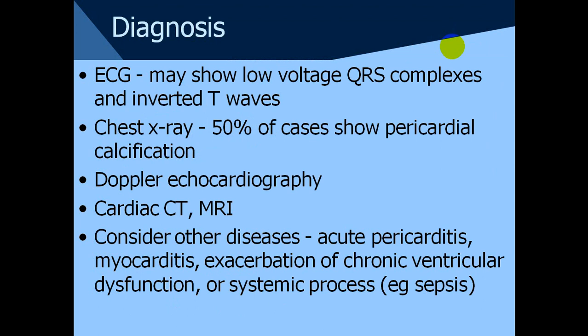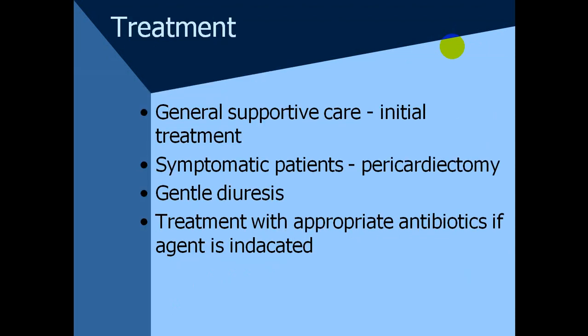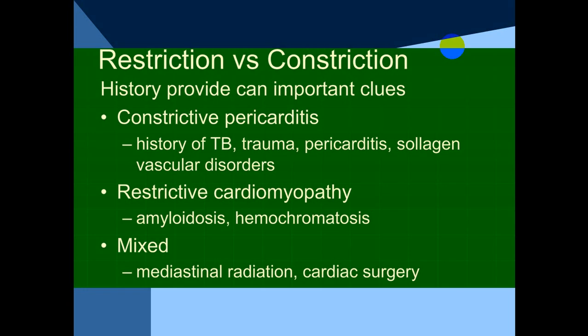Consider other diseases: acute pericarditis, myocarditis, exacerbation of chronic ventricular dysfunction, or a systemic process, for example sepsis. Treatment of constrictive pericarditis is generally supportive care. For symptomatic patients, pericardiectomy is the initial treatment, gentle diuresis is used, and appropriate antibiotic treatment if indicated.